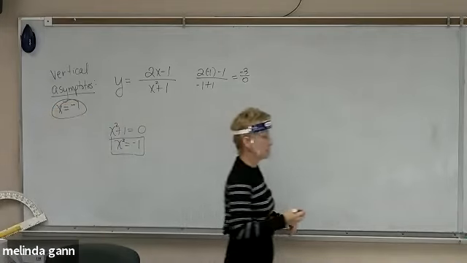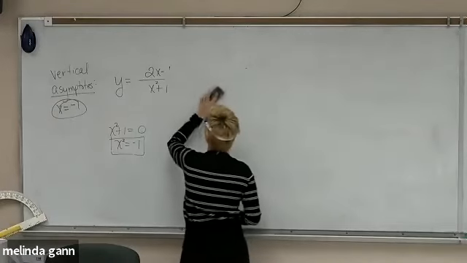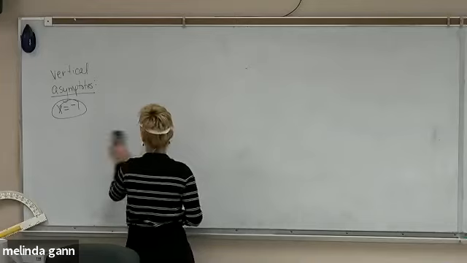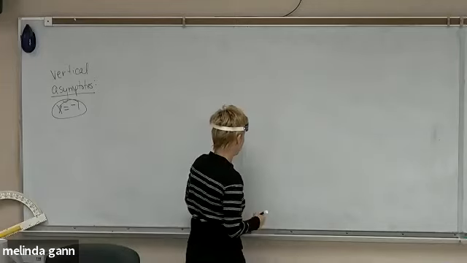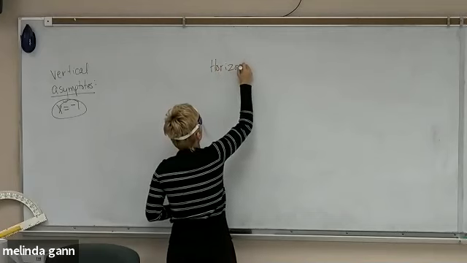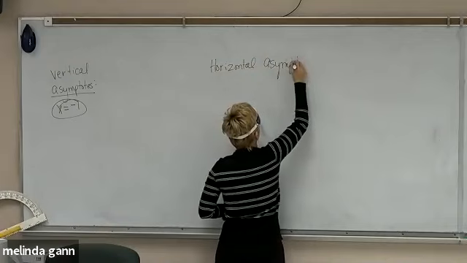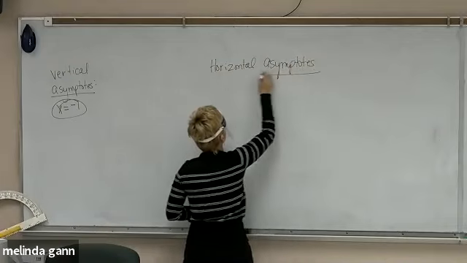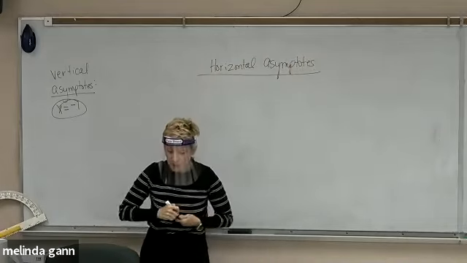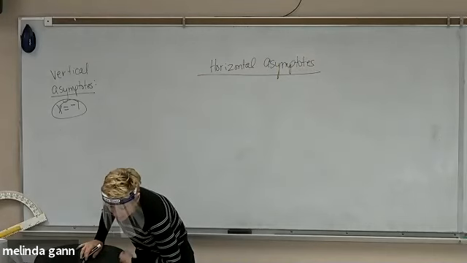Now, horizontal asymptotes are a little more fun. So in your book, they show you some on page 239.